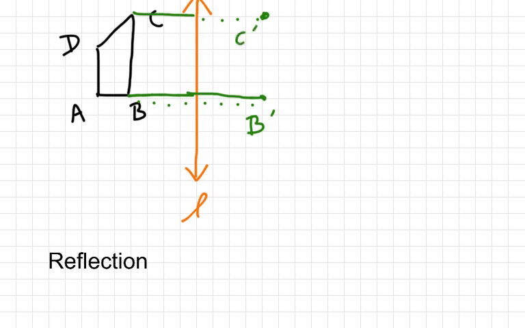And then if I want to move vertex A, well, it needs to be 2 spaces from B prime, so that one's not that hard. And then finally the last thing I need to do is move vertex D, which is 1, 2, 3, 4, 5, 6 spaces away, and I want to go straight at it and straight away from it. 6 spaces away, and that's where I'm going to drop D prime.